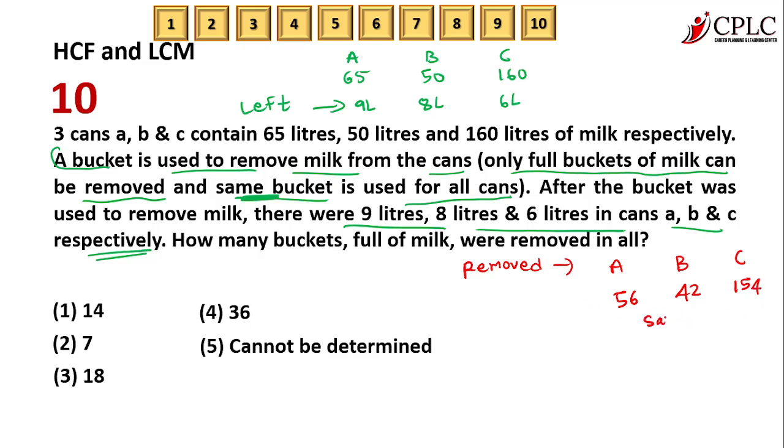And the same bucket is used and a full bucket is used. Clearly we have to find out the size of the bucket, and that size is going to be common to all these numbers, which should be the HCF of all these numbers. So HCF of 56, 42 and 154. Let's do factorization.